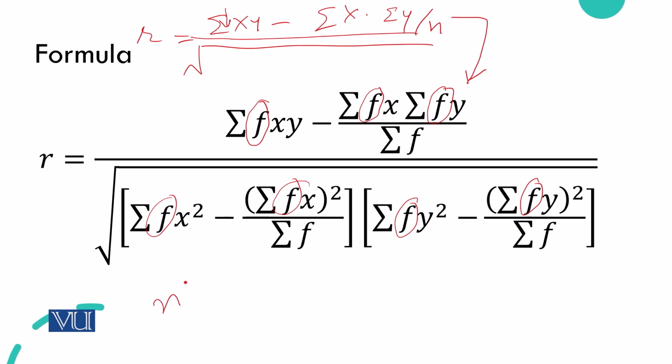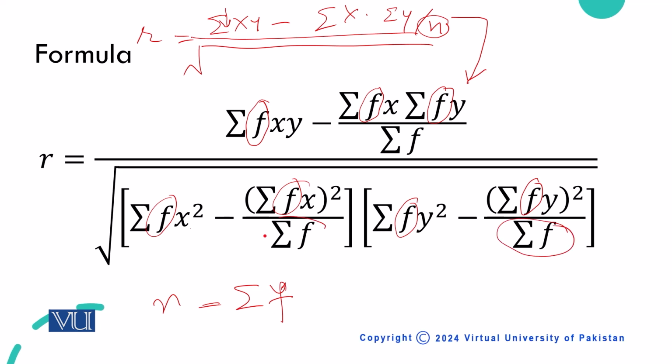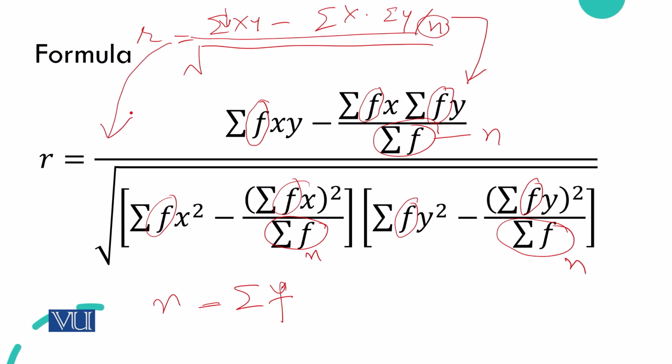And previously in this formula we had n, now n is replaced by summation f. So actually this is n, all these three values are n. So it's easy to learn this formula because it's computed from the previous one. Only f is appended in the formula and summation f is replaced.